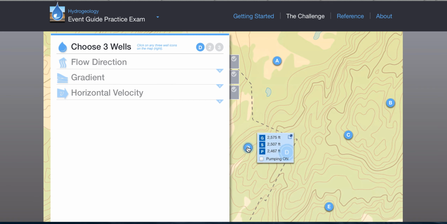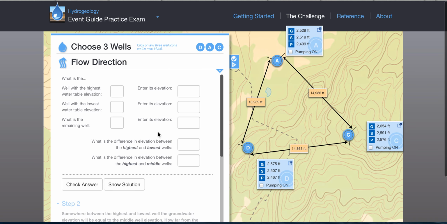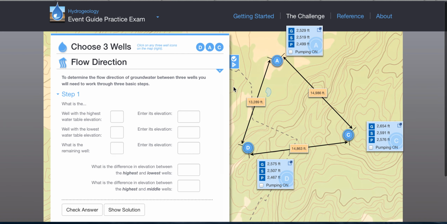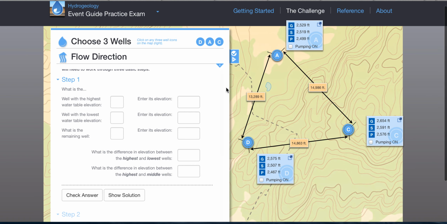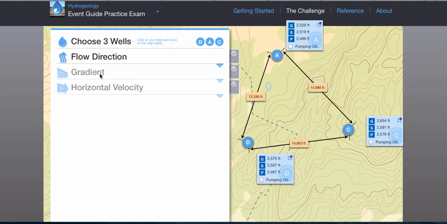Basically, all you have to do is select a couple of wells, and what the hydrogeology challenge simulates is groundwater flow between these three wells. Based off of the table, the information that each well has, such as its water table elevation, marked by the S, you can calculate the flow direction and the horizontal velocity and a lot of other things.